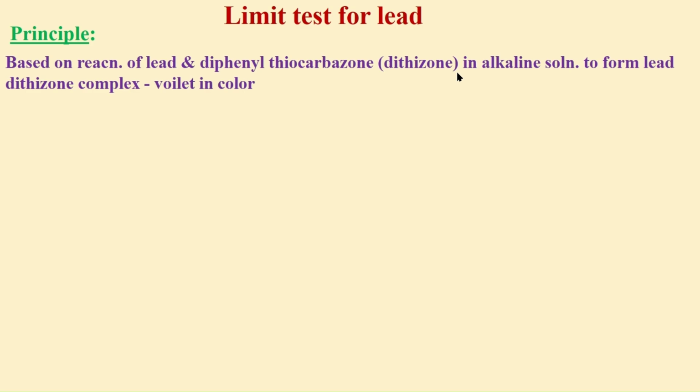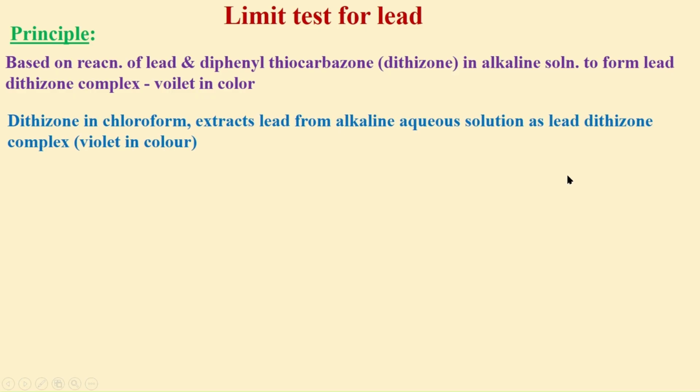The lead and diphenylthiocarbazone react together and give rise to a dithizone complex in alkaline medium. Dithizone in chloroform extracts lead from the alkaline aqueous solution and forms lead dithizone complex, which has a violet color.